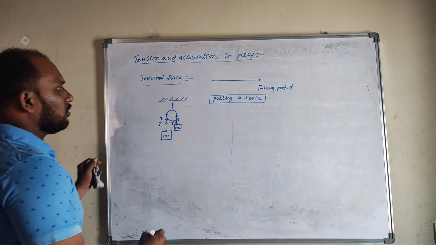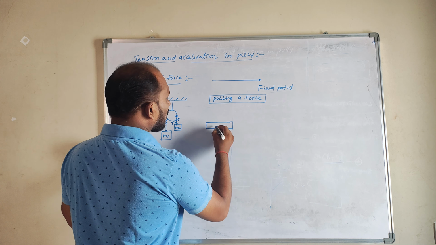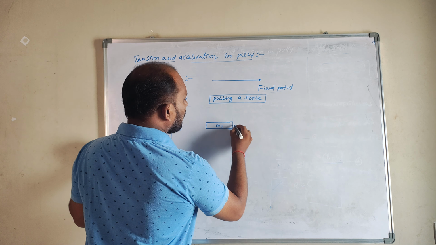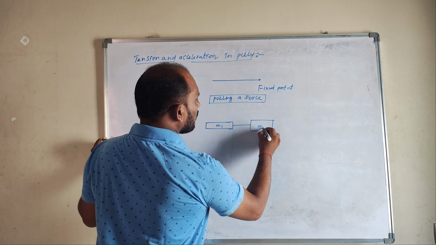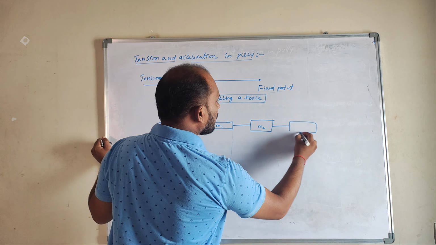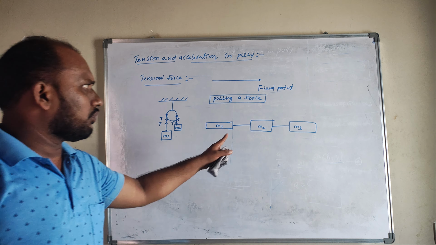Let's take another example. I take a chain of blocks. Let us say this is block one of mass M1, and we have a thread with a block of mass M2, and another block of mass M3. These are two different strings.